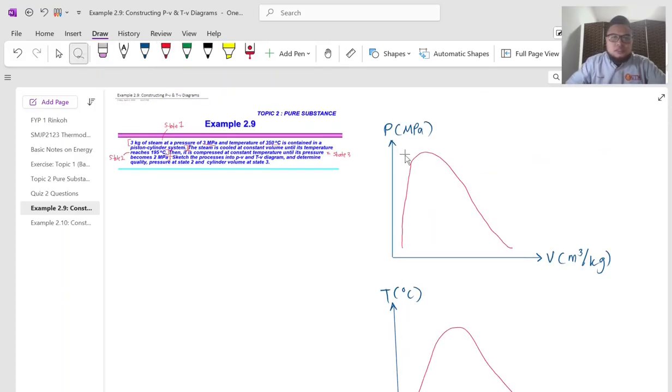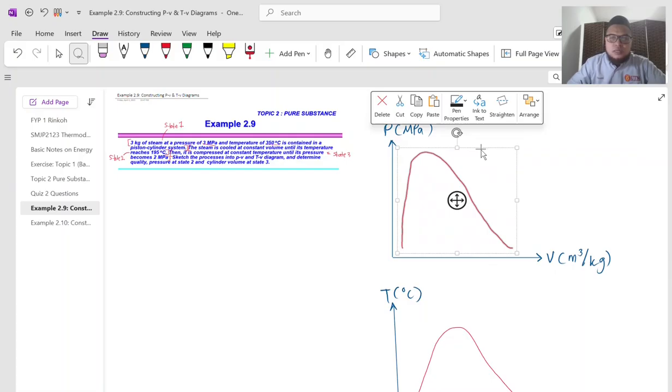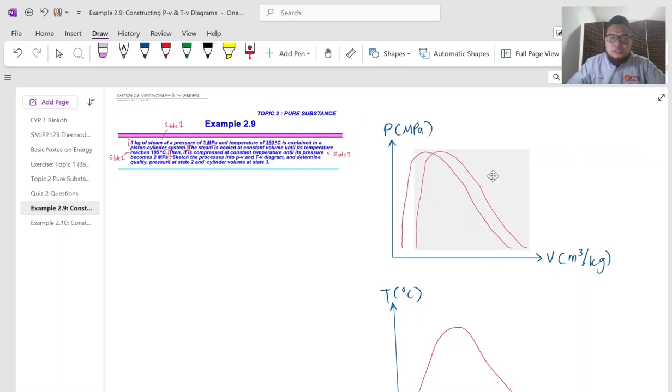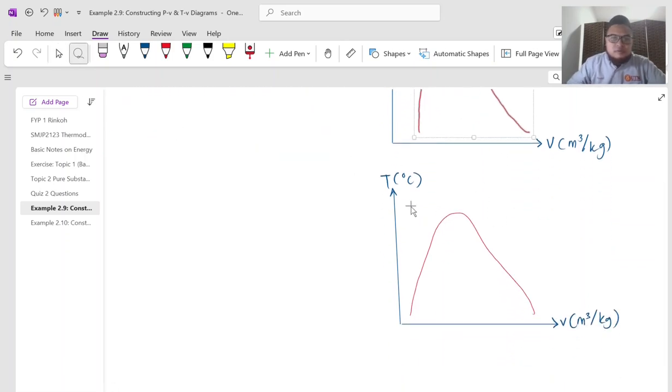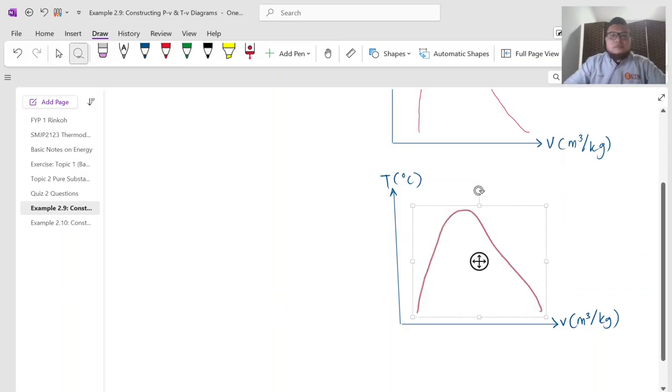Let me adjust this so that I have enough space to draw my isotherm lines. Something like that, and I'm going to do the same for the one at the bottom. That's good enough.